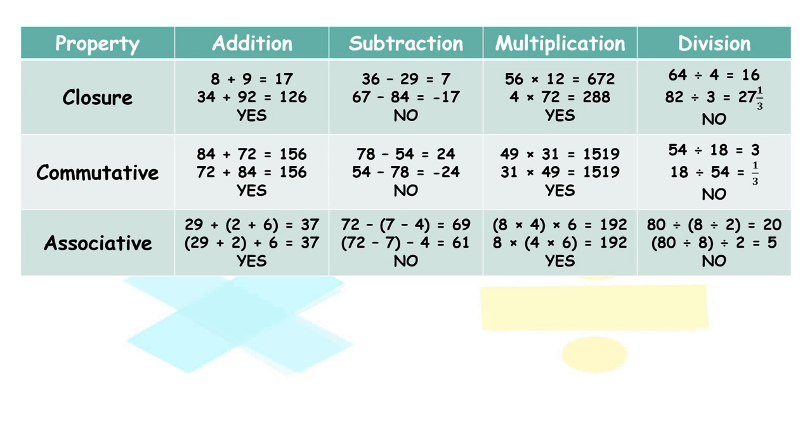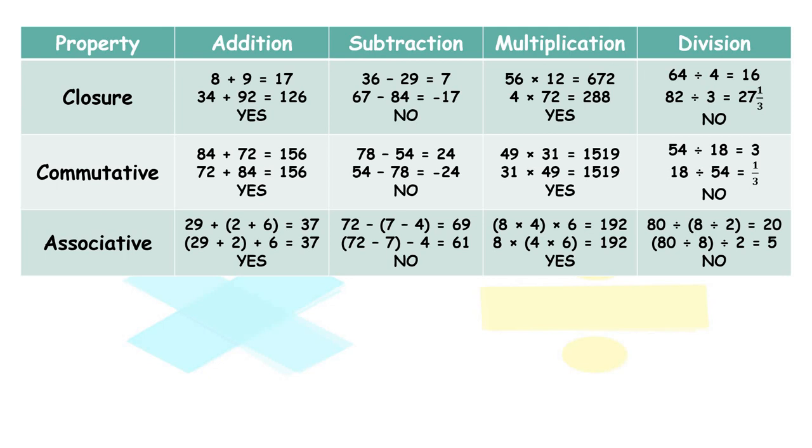Now let's come to subtraction. Now we see when we change the order, the answer changes. In the first example, the answer was 24. 78 minus 54 is 24, while 54 minus 78 is minus 24, right?